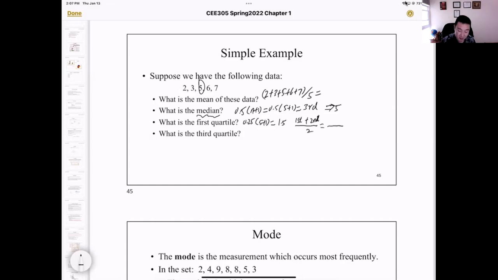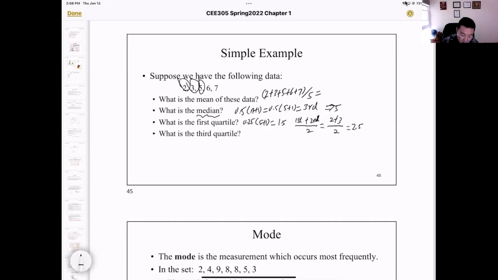The first item is 2 and the second item is 3. So 2 plus 3 divided by 2, and the first quartile is 2.5.